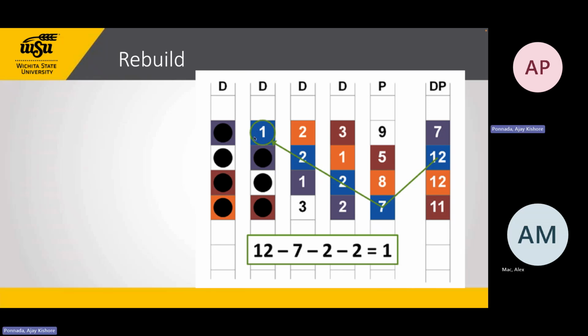Since it's a decimal example, the parity is 12. We add these numbers and subtract the sum from 12, and we get this number. So it's 2 plus 2 plus 7, 11. So 12 minus 11, 1. That goes here.